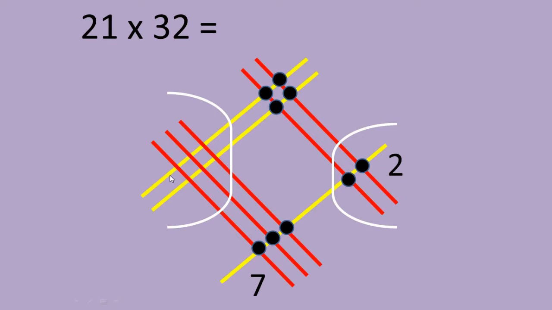For the third part, we have 1, 2, 3, 4, 5, and 6. So we have 6 intersecting lines. Again, writing the number from left to right, we have 6, 7, and 2. Therefore, the answer is 672.